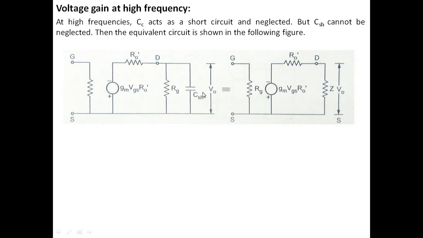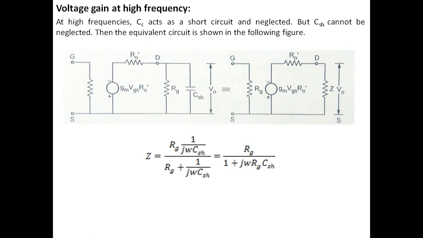Now at the output side we have two parallel components, Rg in parallel with CSH, which is replaced with Z. Z is the parallel combination of Rg with 1 by j omega CSH. Simplifying, you will get Rg divided by 1 plus j omega Rg CSH.